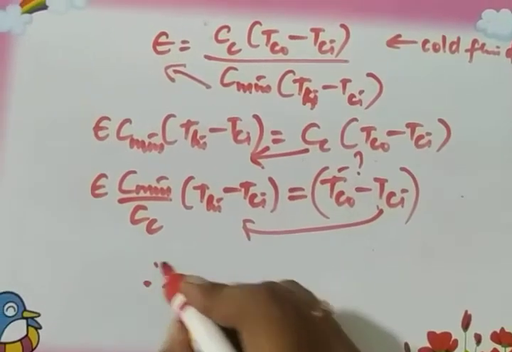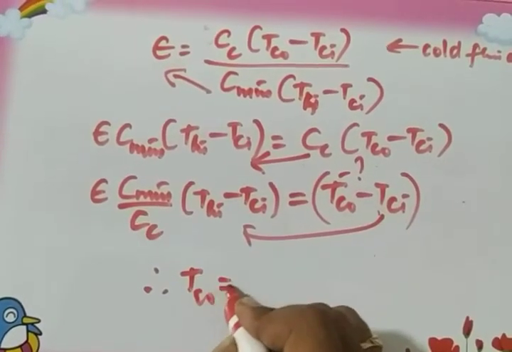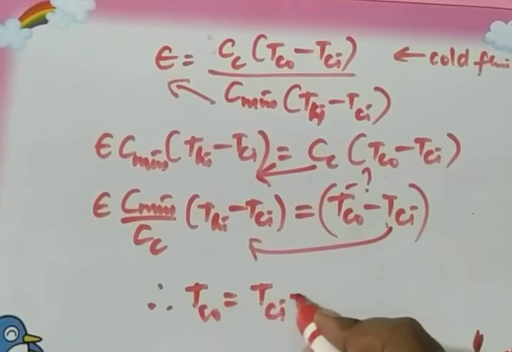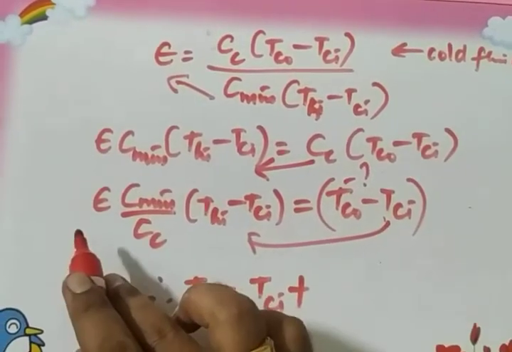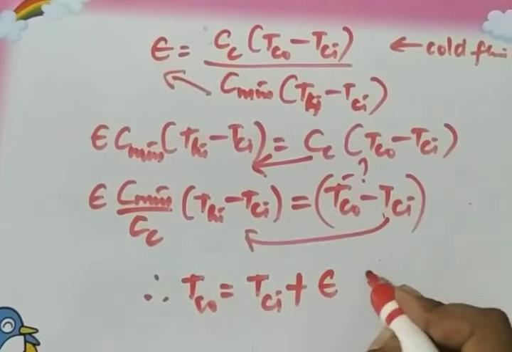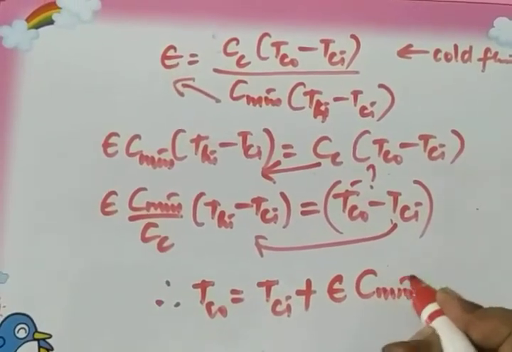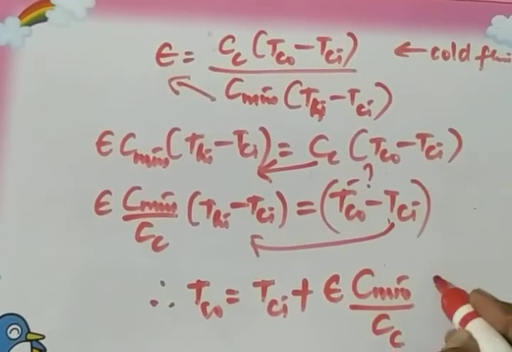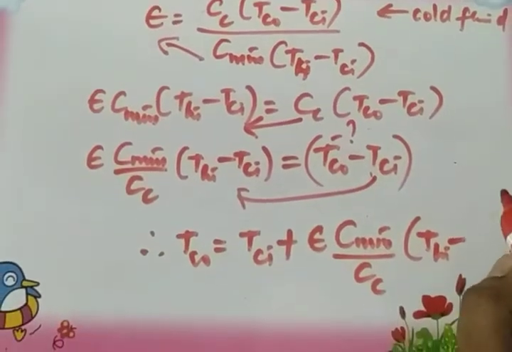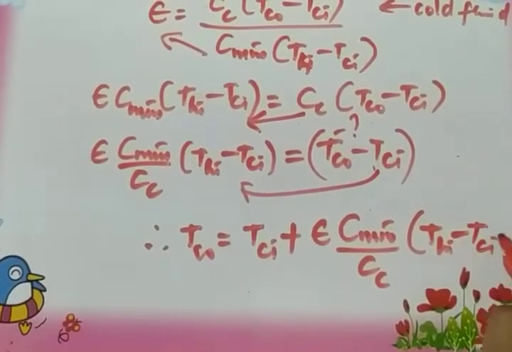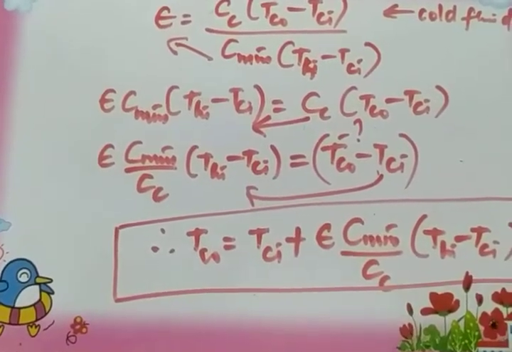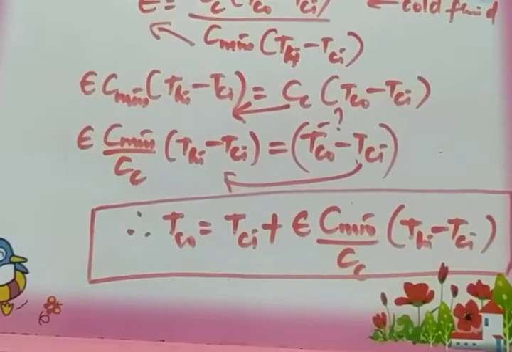So TCO finally is given by TCI plus, when it goes to this side it will be plus, so TCI plus this term given by effectiveness into Cmin divided by Cc multiplied by THI minus TCI. So this is one more expression, for the outlet temperature of the cold fluid.